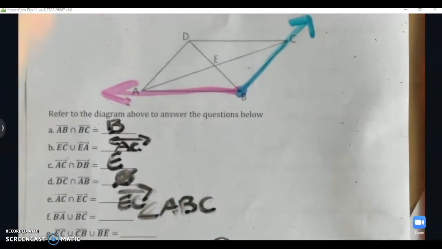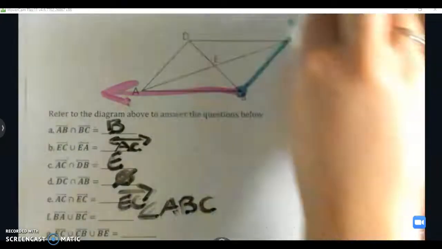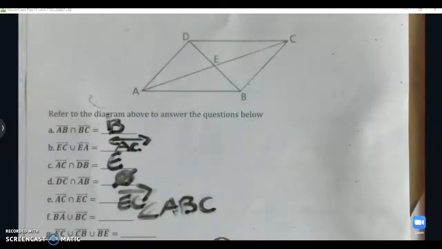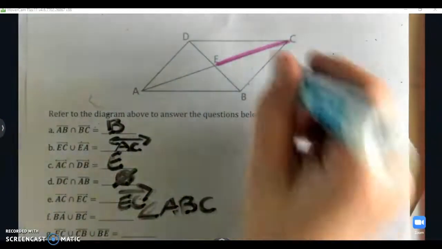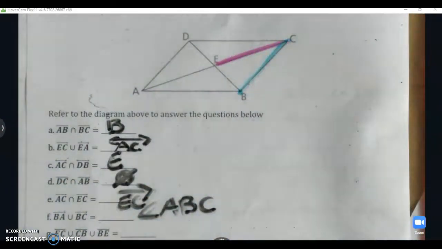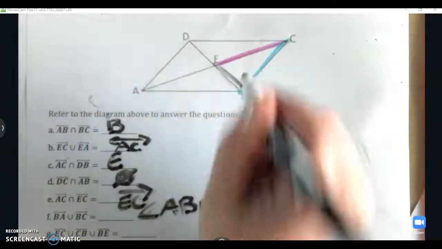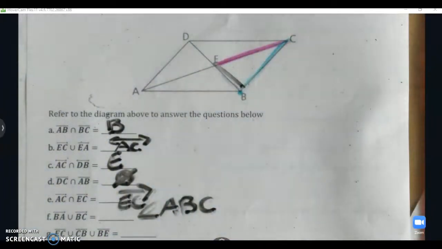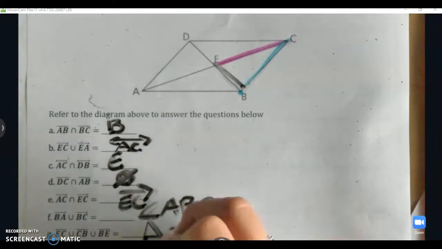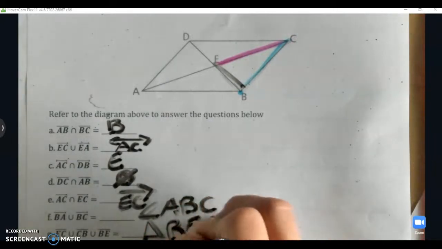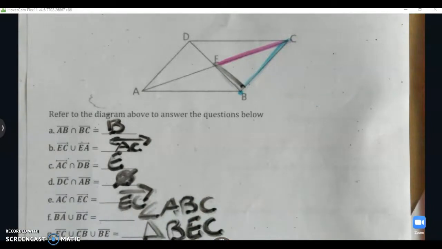All right, and then last but not least, we are now looking at the union of three different segments. I have EC, CB, and BE. What do those three segments form together? A triangle. And our 3 points of our triangle are B, E, and C, but you could also name it CEB, ECB, BEC.